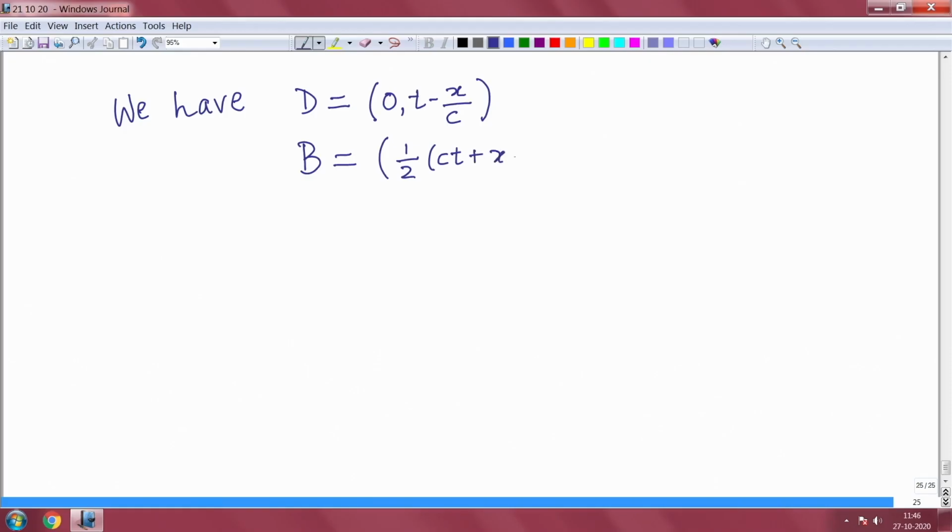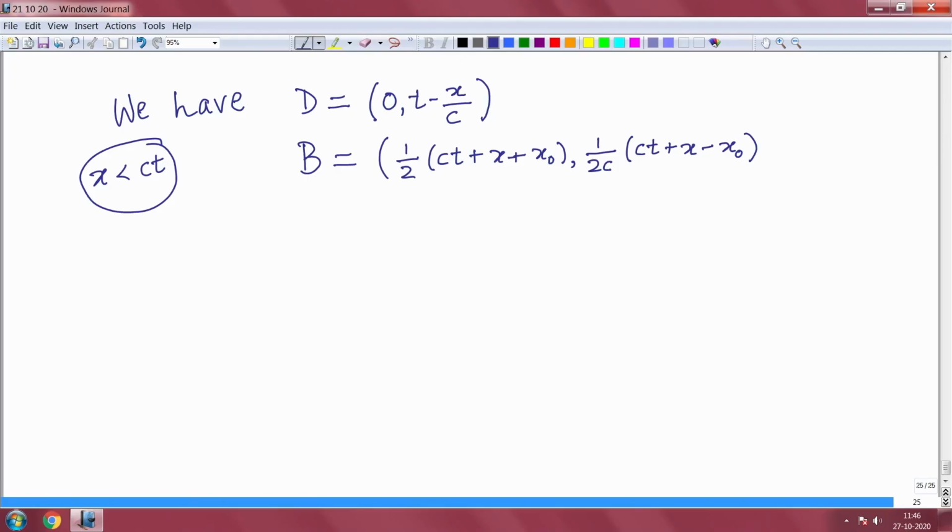So B is one by 2c times (c t plus x minus x 0). You have to remember that x is less than c t, we are in that region, so t minus x by c is positive.